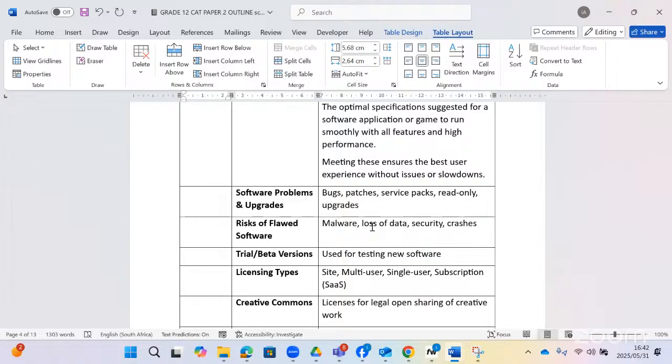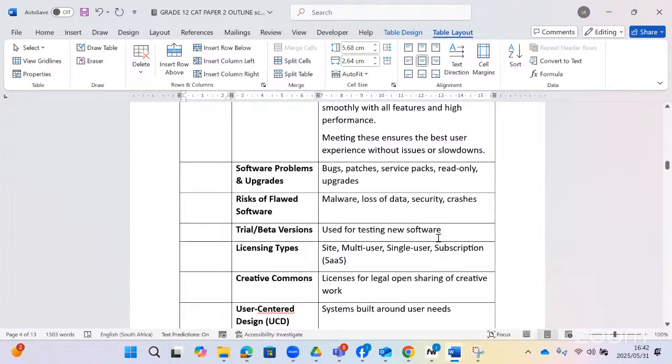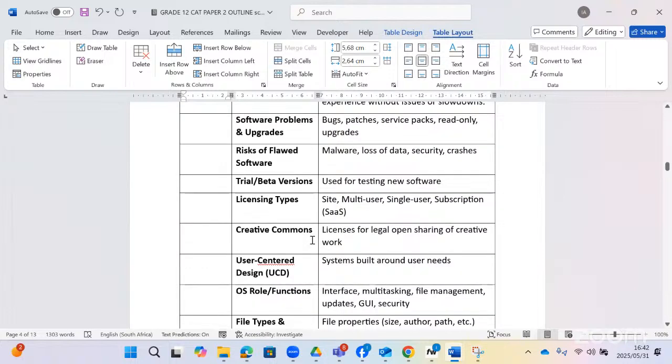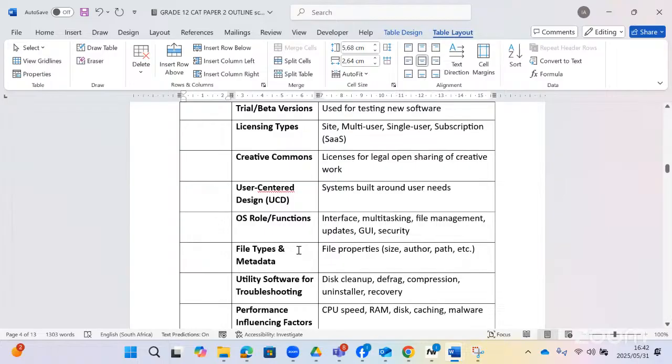Then we have service pack, which involves a series of patches or updates that are put together, and also trial versus beta versions, software license, and then Creative Commons, UCD, user-centered designs. You must know them as well.